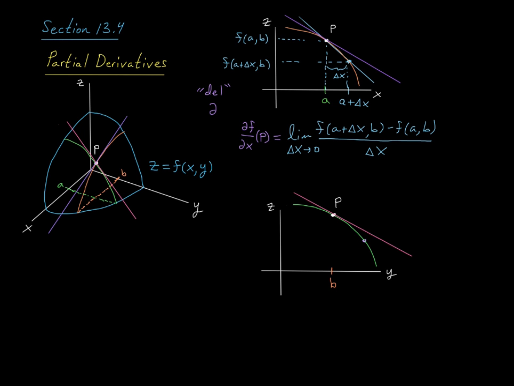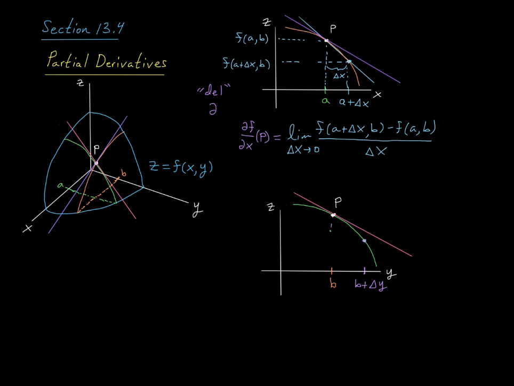So here I would choose a neighbor point on our curve, and let's say this is now b plus delta y, because again, when we're on green, x is constant. x is always a. It's just now the y that changes as we move along the green curve.